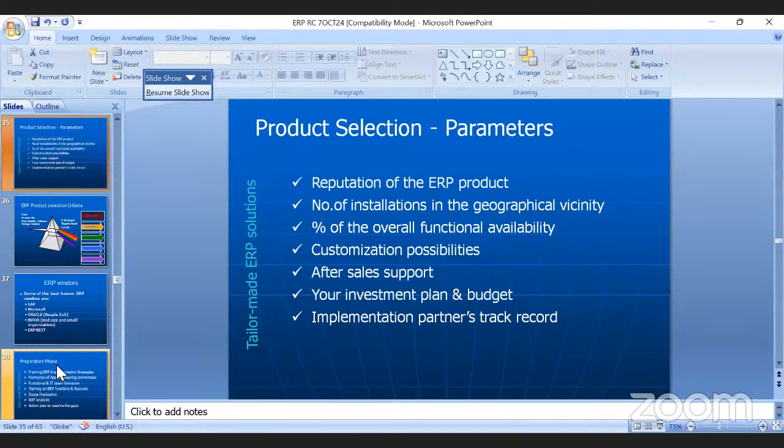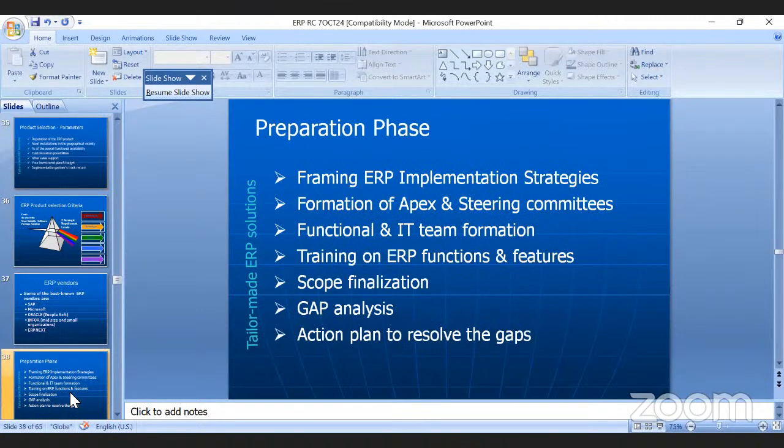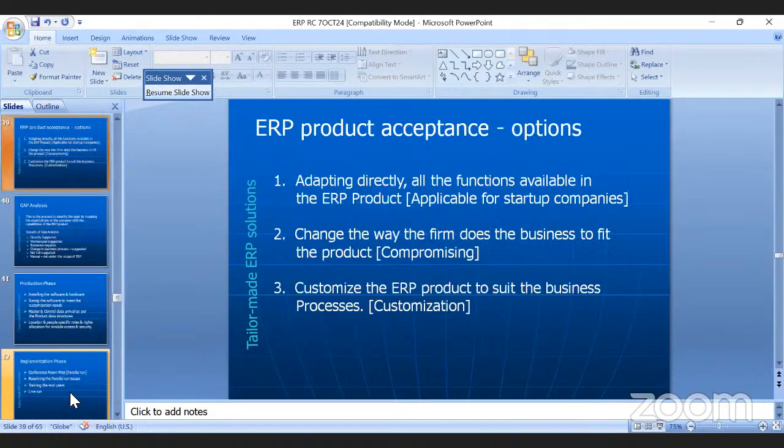Service organizations are different, product organizations are different, manufacturing are different. Within manufacturing, there are multiple products and services. Which software will suit the organization, we have to see in the gap analysis.